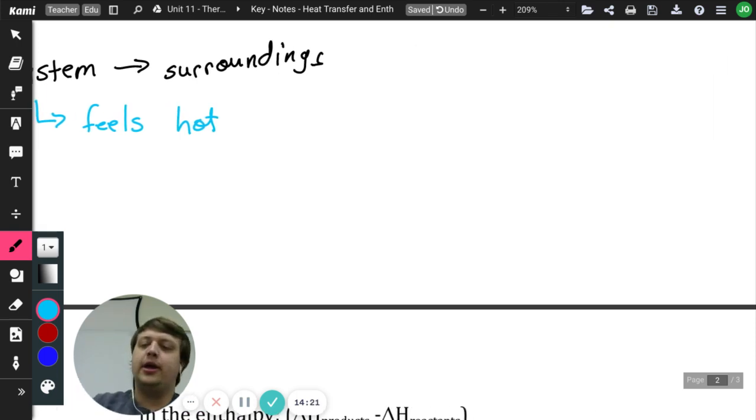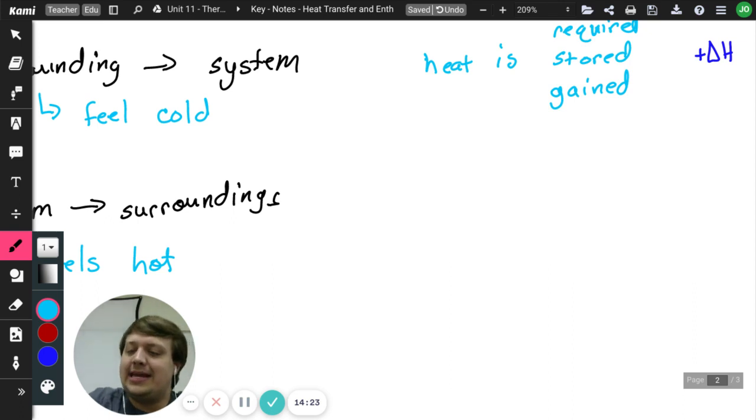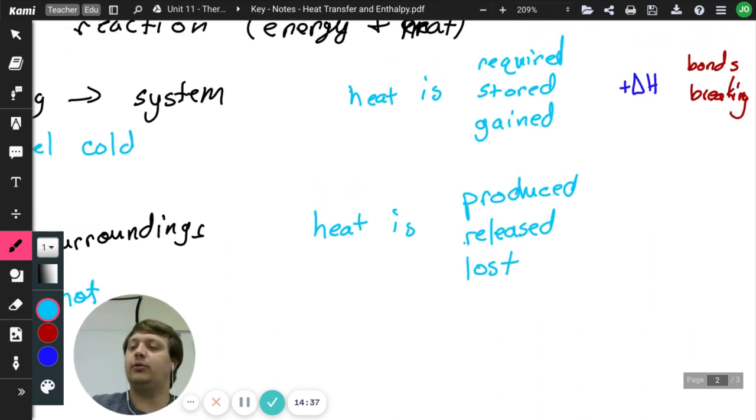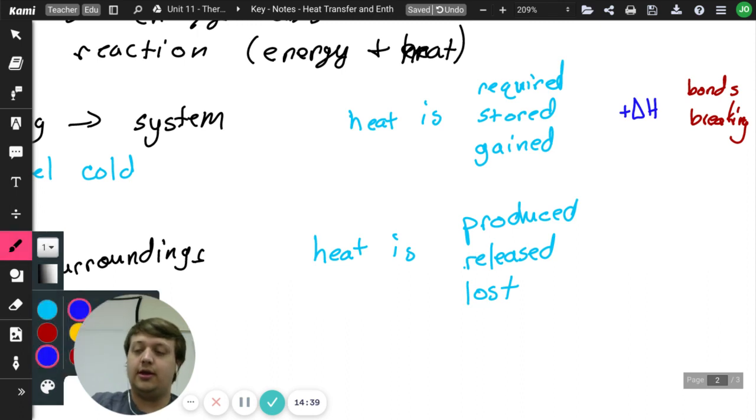Okay. Now, in this case, we see that heat is produced. We could say that heat is released. And we could also say that heat is lost. Any of those things would kind of describe what's going on there. Now, in this, we see a negative change in heat.